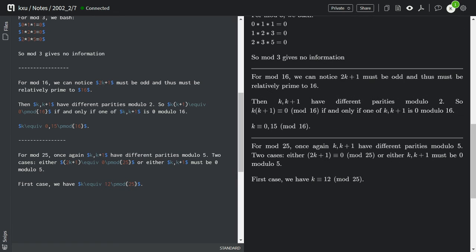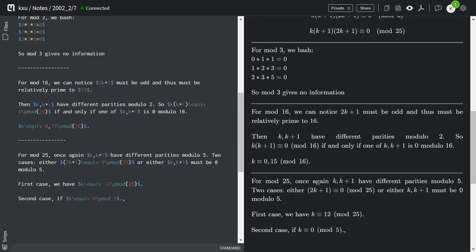In the second case, if k is 0 mod 5, then k plus 1 cannot be anything modulo 25, and we must have 2k plus 1, or it doesn't have to be 0 modulo 5, I guess, if k is just 0, but otherwise it does.